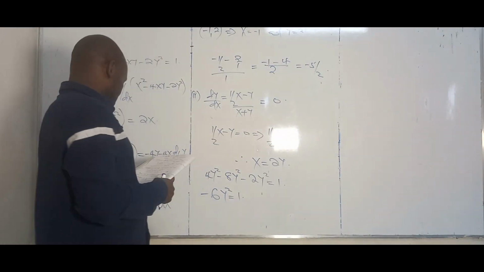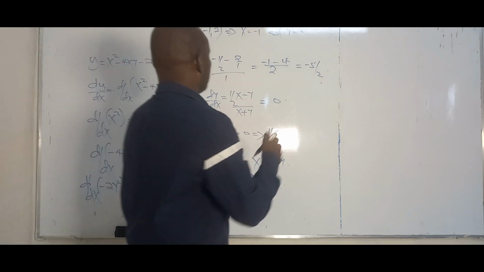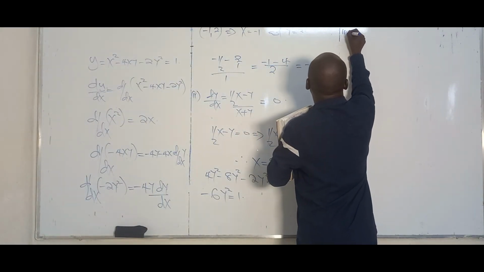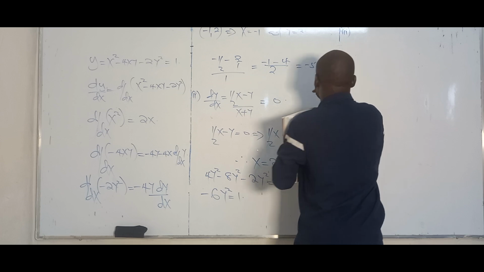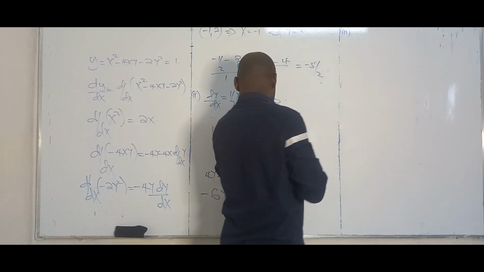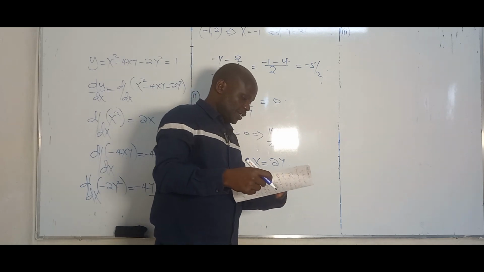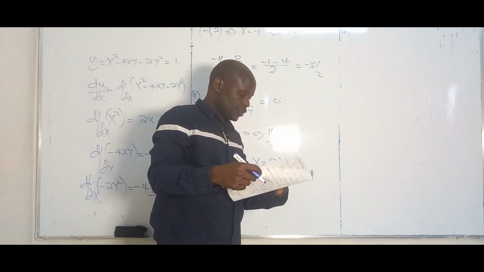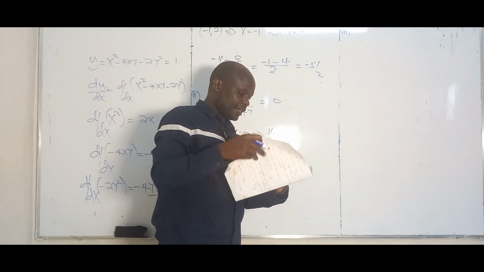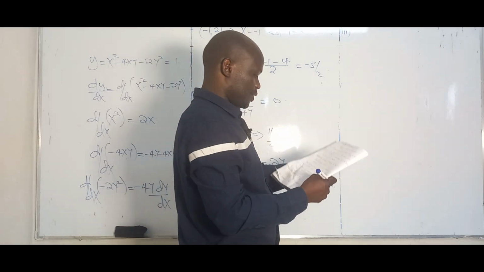Then Roman 3. Find the x coordinates of each of the points on the curve at which the tangent is parallel to the y-axis.